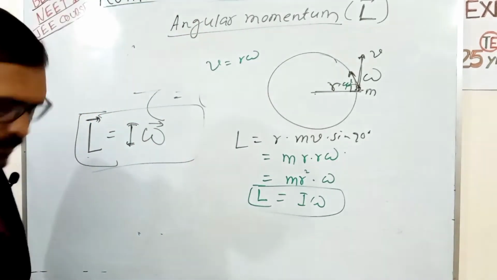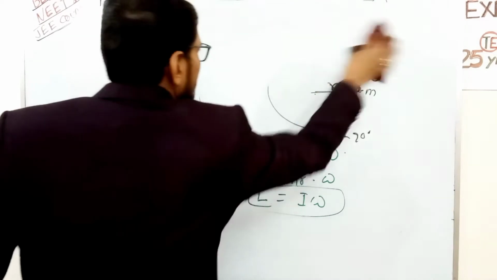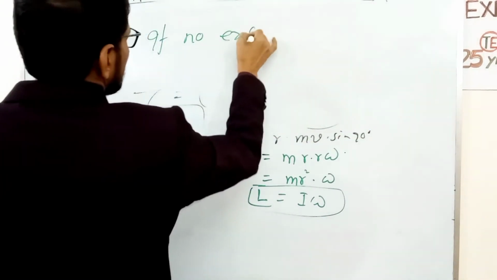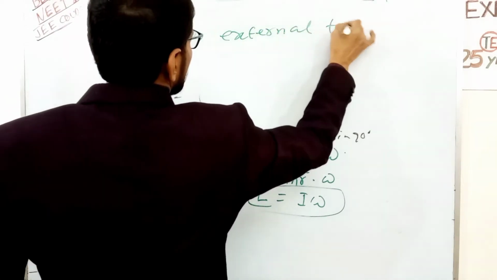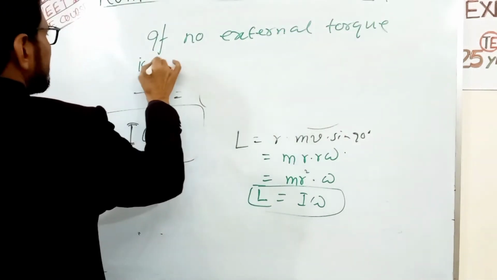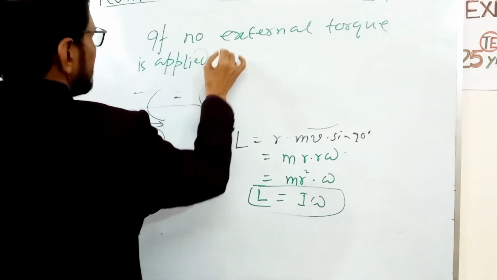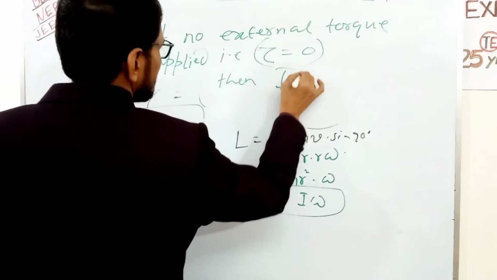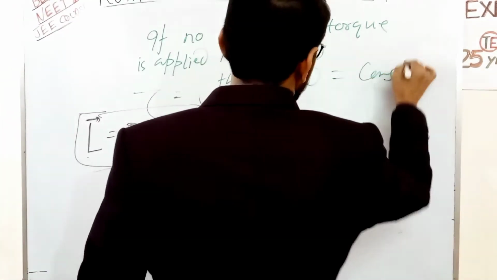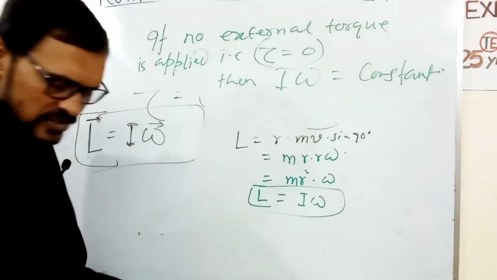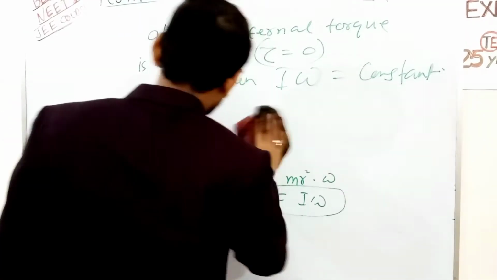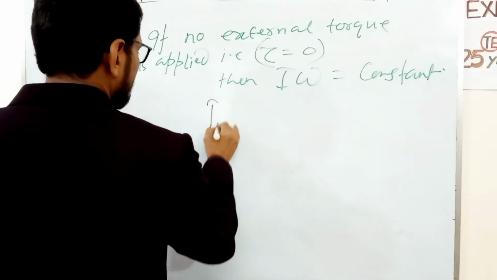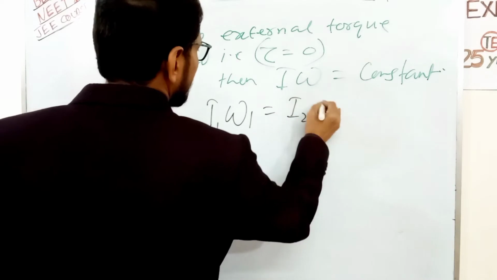Now for conservation of angular momentum, if no external torque is applied, that is torque equal to 0, then I omega equal to constant, that is I1 omega 1 equal to I2 omega 2.